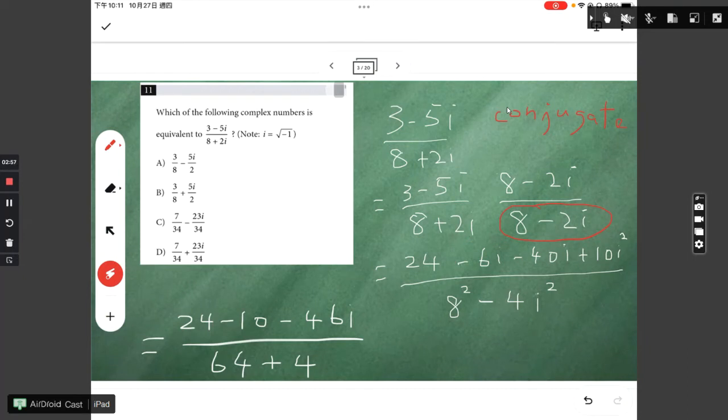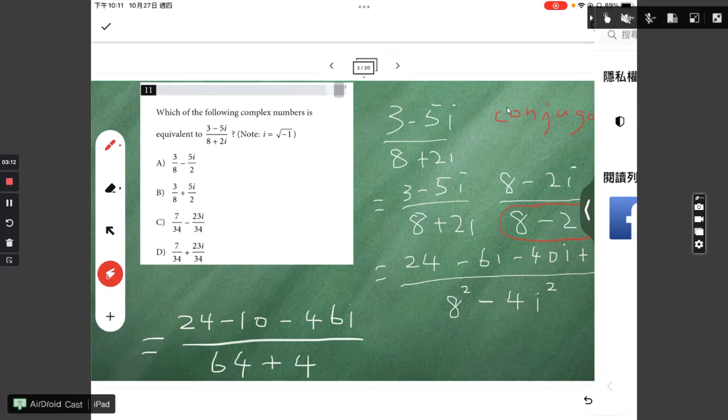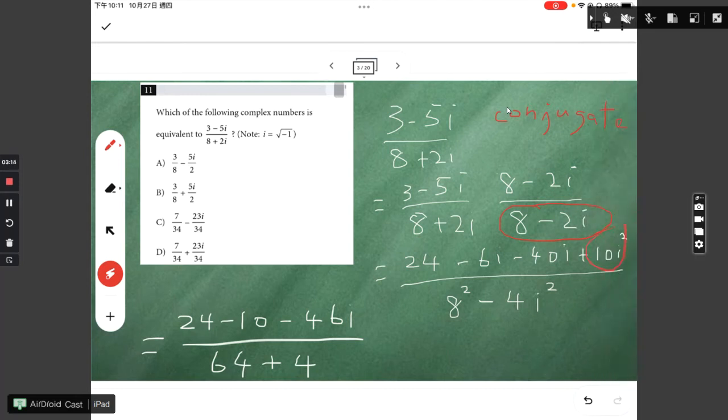Then we multiply negative 5i by 8, so this is negative 40i. The last item is negative 5i times negative 2i, which gives you 10i squared. That finishes the multiplication of the two complex numbers in the numerator. So this is what we have, and we're going to simplify this.